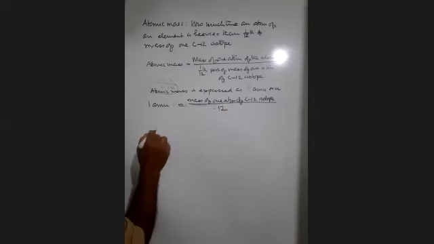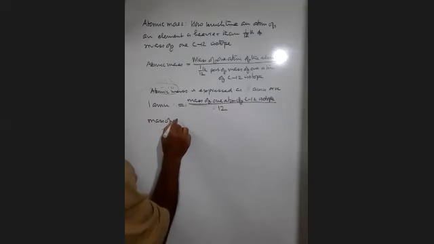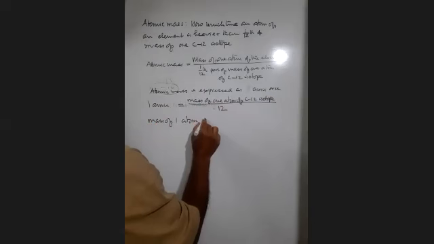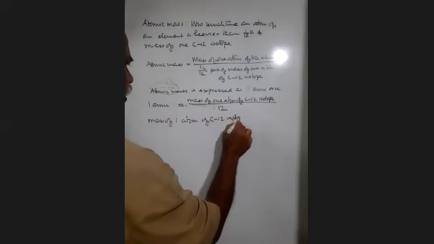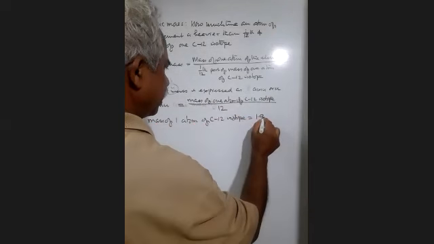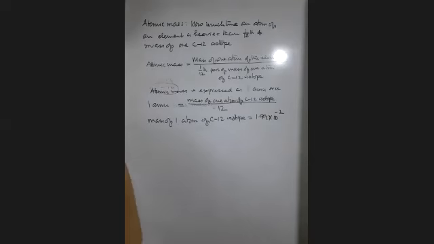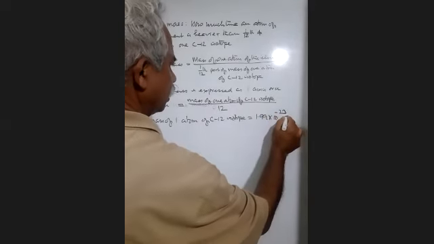Now it has been experimentally found that the mass of one atom of carbon 12 isotope, I don't know whether it's given in your book, is equal to 1.99 into 10 to the power minus 23 gram.